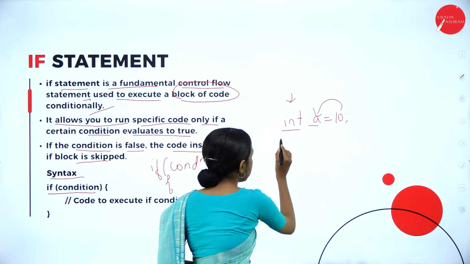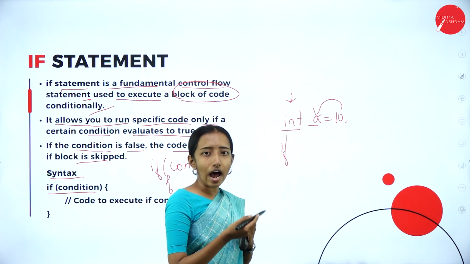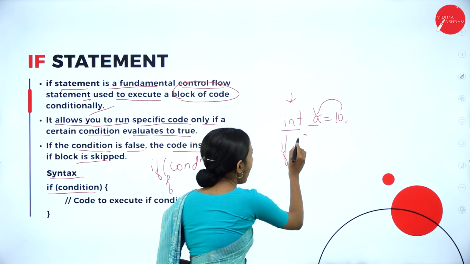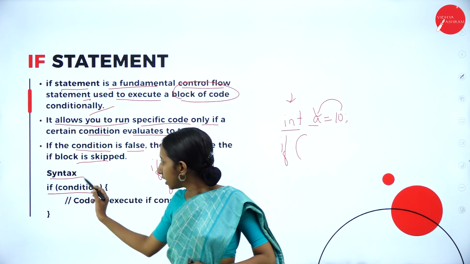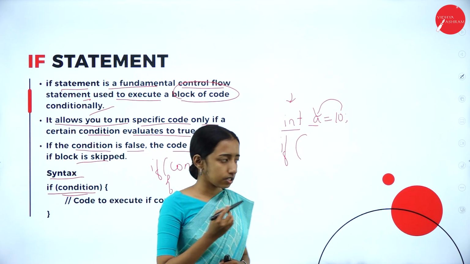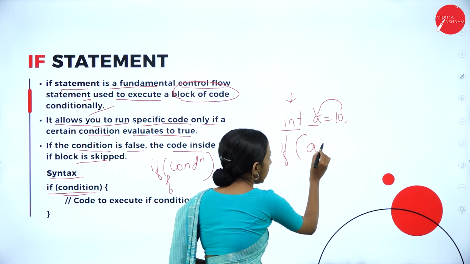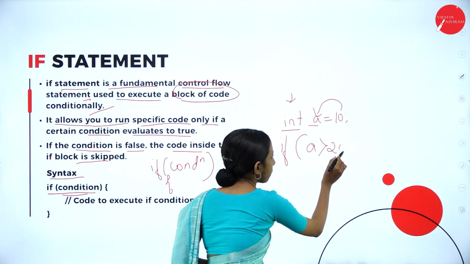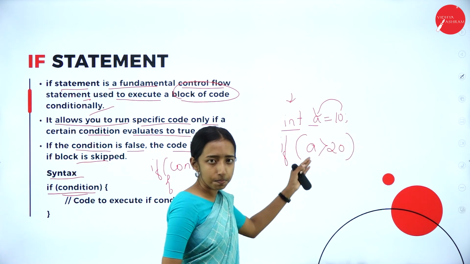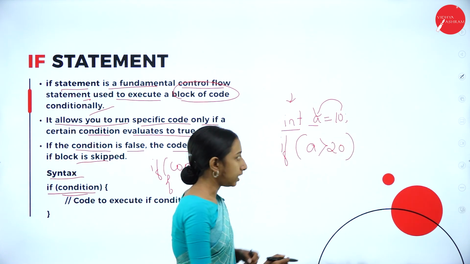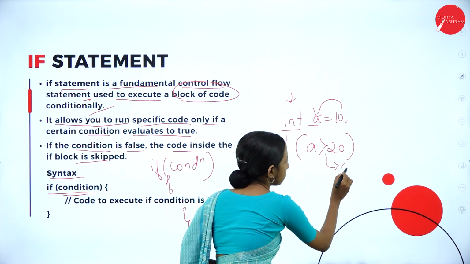Next we have the if. I have written if, and here is the condition. I will give the condition whether a is greater than 20. This part, a > 20, is the condition.